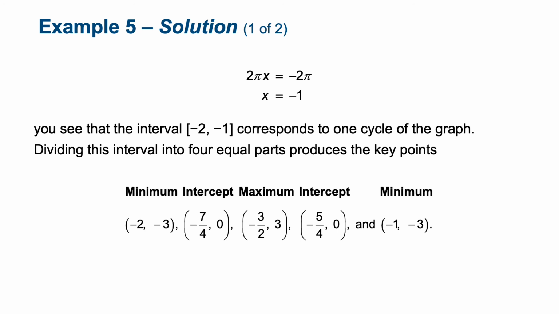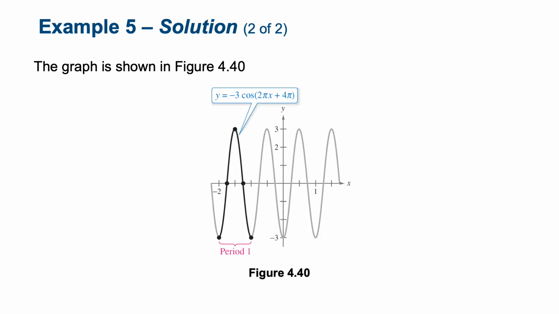Because it's minimum, intercept, maximum, intercept, and then minimum, we're going to have negative 3, then 0, then 3, 0, and then negative 3. And it looks like this. This is a cosine, and because it's negative, remember that it usually starts up here, but it starts down here.